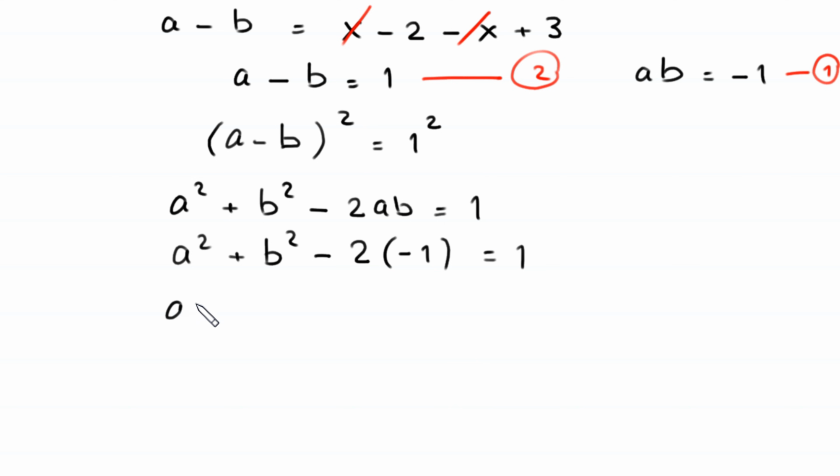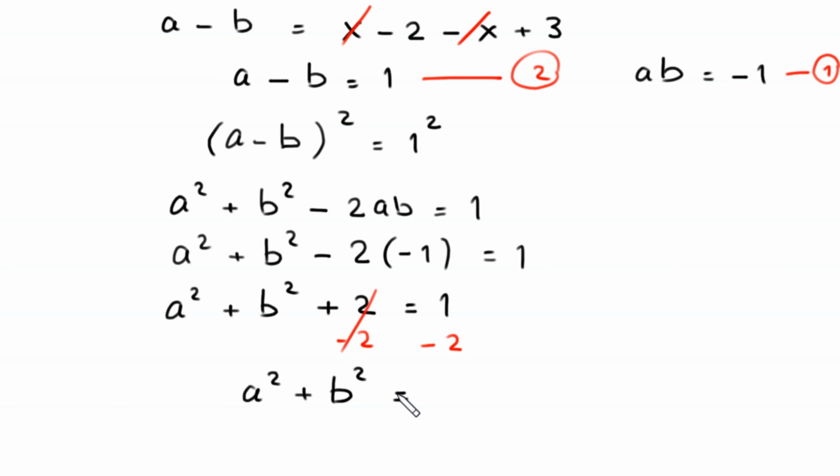This will become a squared plus b squared plus 2 equal to 1, and we subtract 2 from both sides, so we are left with a squared plus b squared equal to 1 minus 2, which is negative 1. We remember the equation a times b is equal to negative 1.